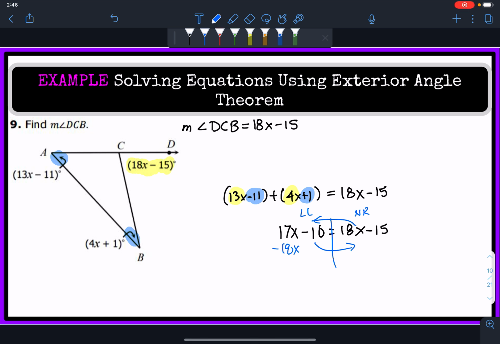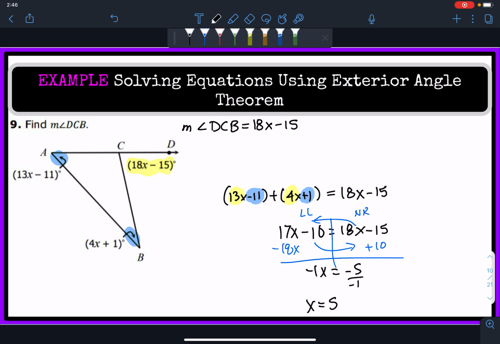We'll move the constant of minus 10 to the right, making it positive. And then we combine like terms. So 17 minus 18 is equal to negative 1. Negative 15 plus 10 is equal to negative 5. And dividing by negative 1, we get that x is equal to 5.